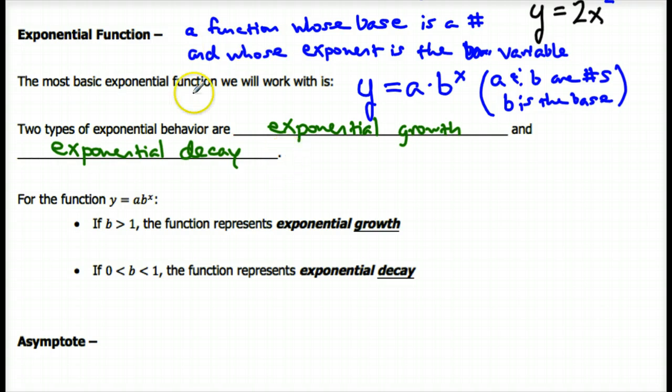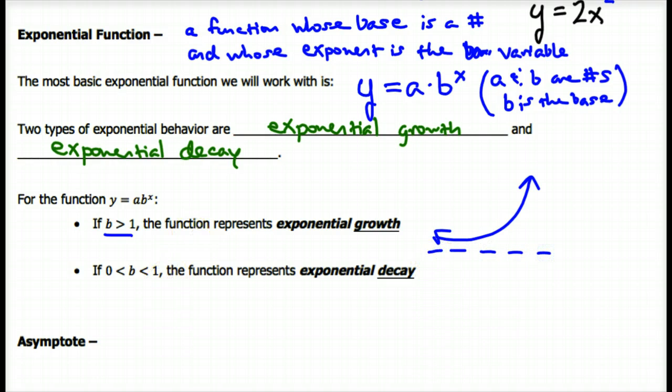Here's how you tell from the equation whether you have growth or decay. If your base, which is your b value, is greater than 1, then you have exponential growth. And the basic shape of an exponential growth graph is going to look like this. That's going to be an increasing graph.